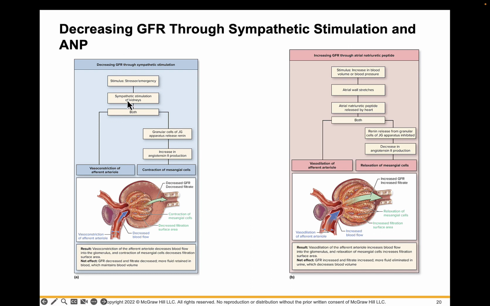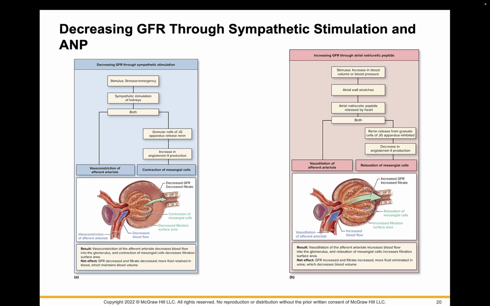We're going to see sympathetic activity stimulate the kidneys, and what we're going to look at is vasoconstriction of the afferent arteriole. We're going to look at the granular cells of the juxtaglomerular apparatus releasing renin. This is going to result in the production of angiotensin II, a very potent vasoconstrictor, but it's also going to result in contraction of the mesangial cells.